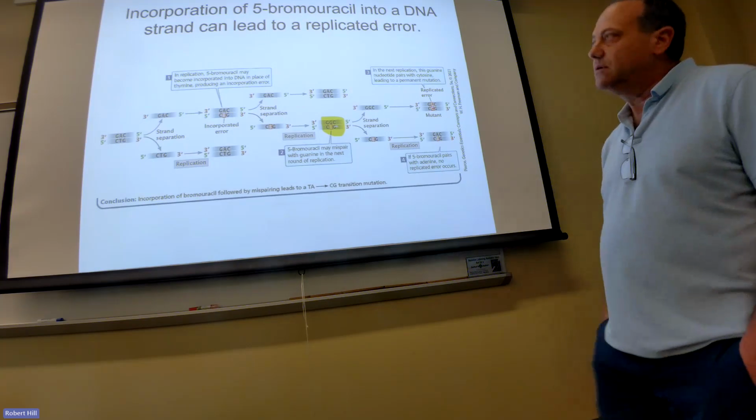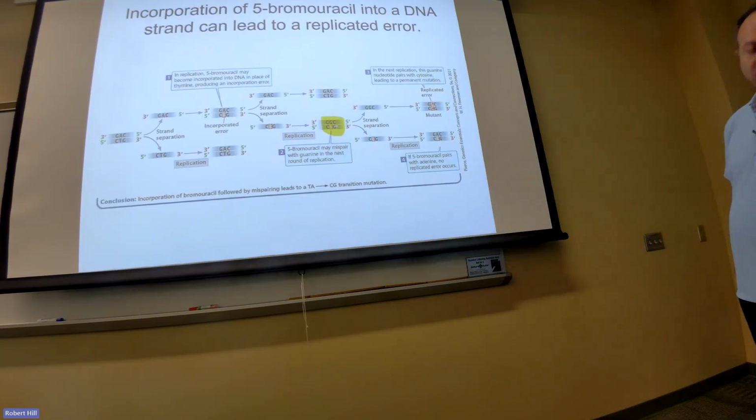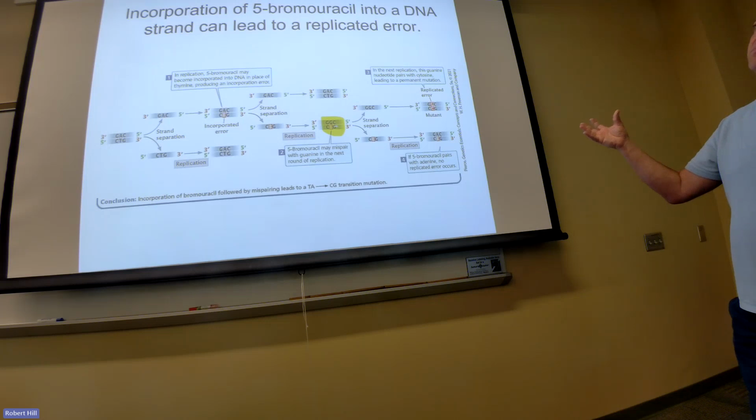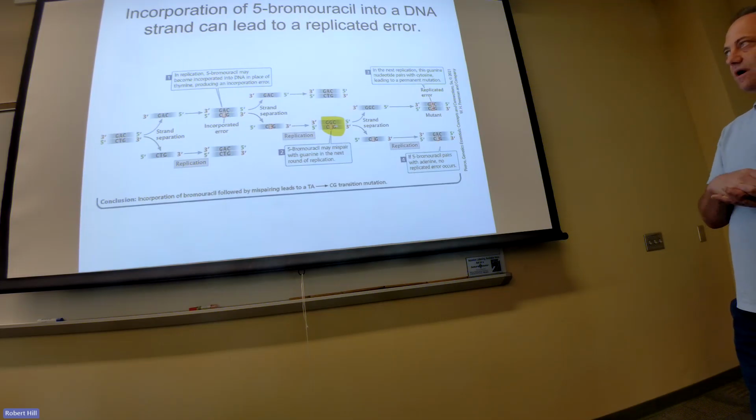Okay, let's look at this here. We have our sequence over there on the left. You get strand separation, and now we've introduced 5-bromouracil. DNA polymerase is pulling in nucleotides, and now it pulls in this 5-bromouracil by mistake instead of pulling in T, as it should. So now we've incorporated this error. It thinks it's a T, but it's not.